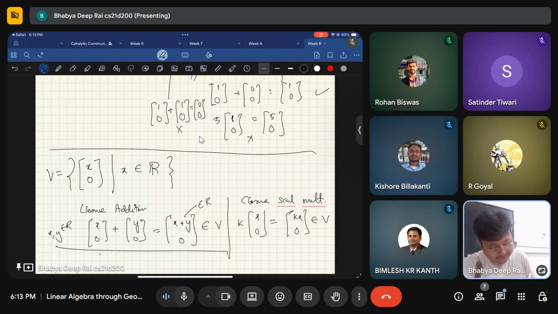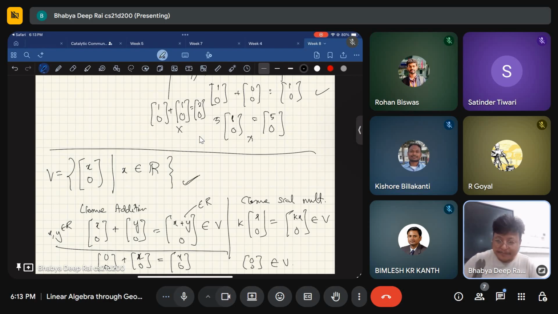That is also true because (0, 0), if I add it with any (x, 0), I get the same vector back, and this (0, 0) belongs to the vector space. So this is a vector space.